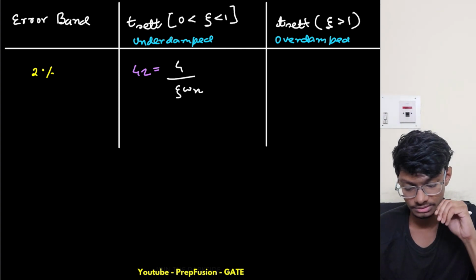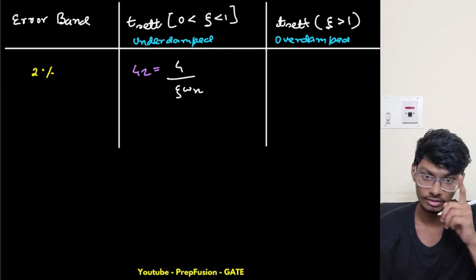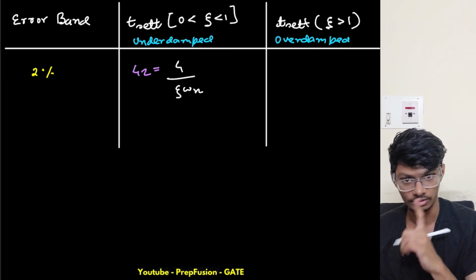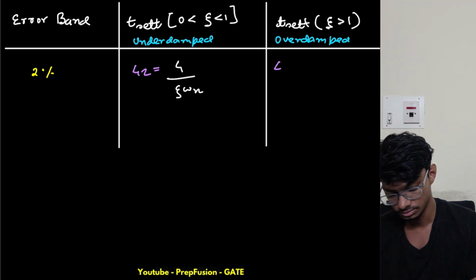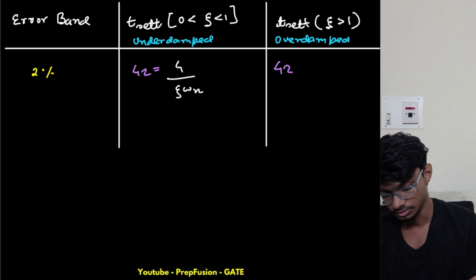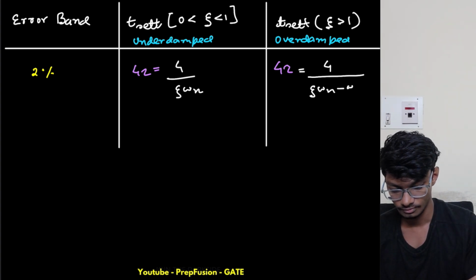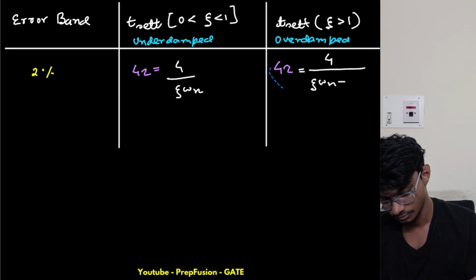Now what is my tau for zeta greater than 1? I have only one pole as that approximation. I wrote the tau value previously also, but I will write it again. It is 4 tau again, and this equals 4 upon zeta omega n minus omega n times the square root of zeta square minus 1.